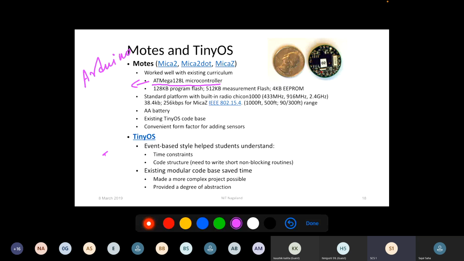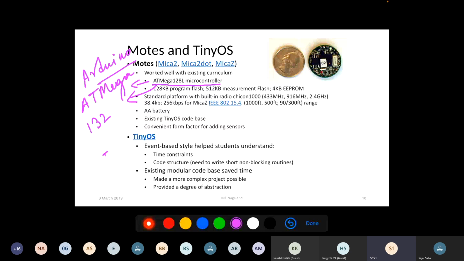Arduino also basically uses an Atmega microcontroller, but it is the 328. It's a little bit higher version of the Atmega 128 microcontroller, which is used by Arduino.